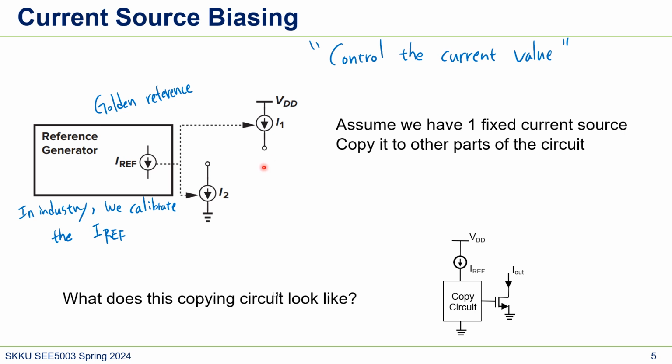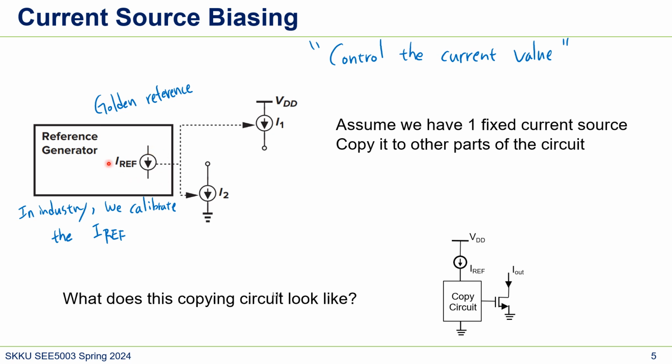Maybe the question may arise: why do we have to copy? Can we just have multiple IREF, multiple golden references? Yes, we can. It's just expensive. If we have multiple golden references, we have to calibrate all of them.